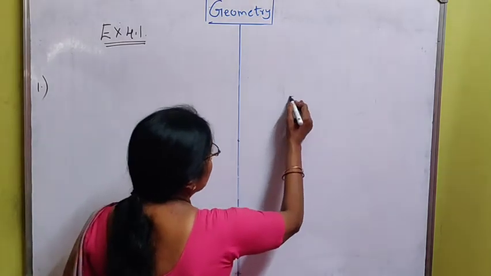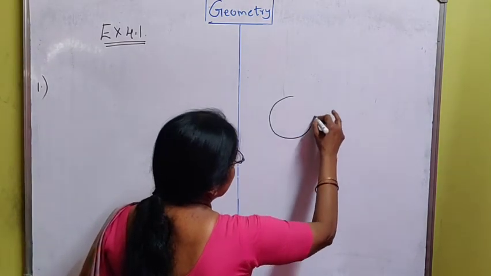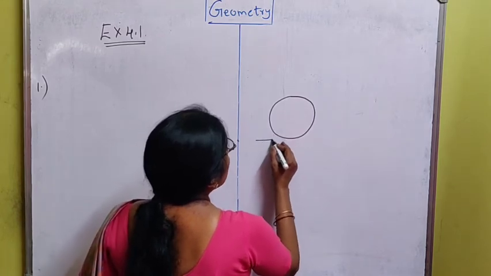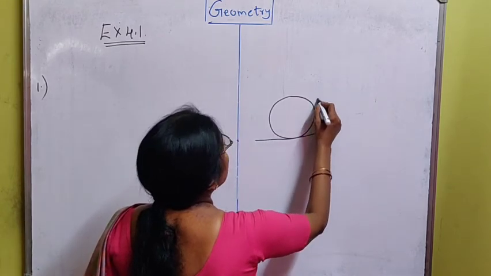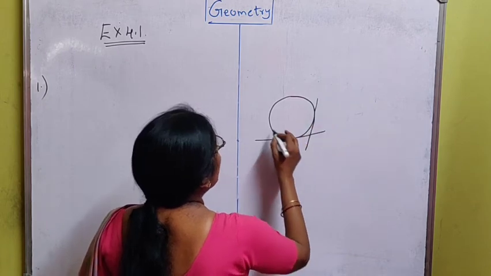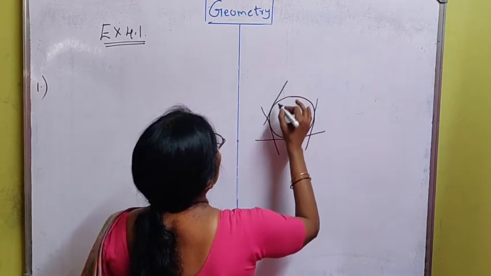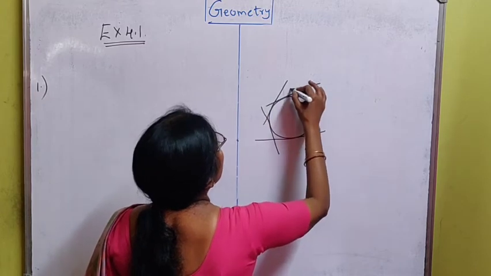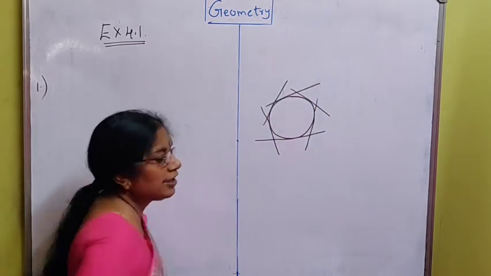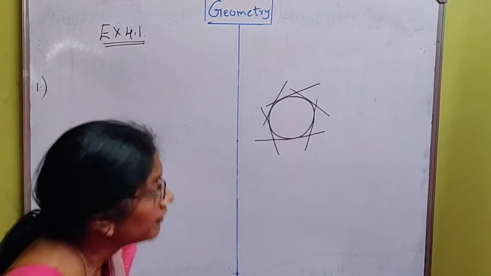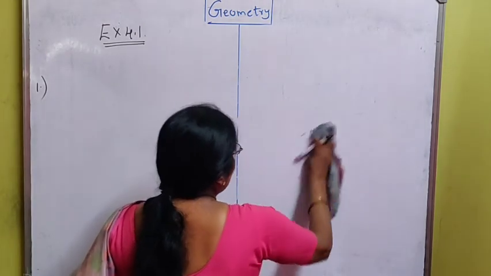For example, if I take this circle, 1 tangent, 2 tangents, 3, 4, 5, 6. You can draw as many tangents as you want for this circle.